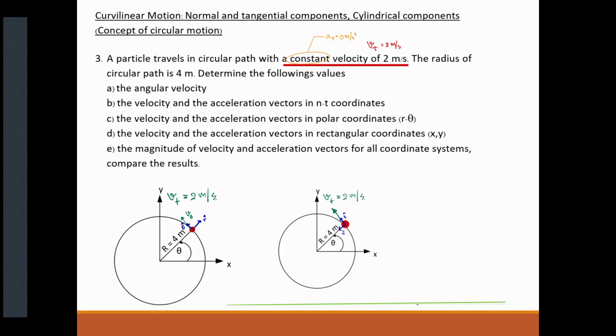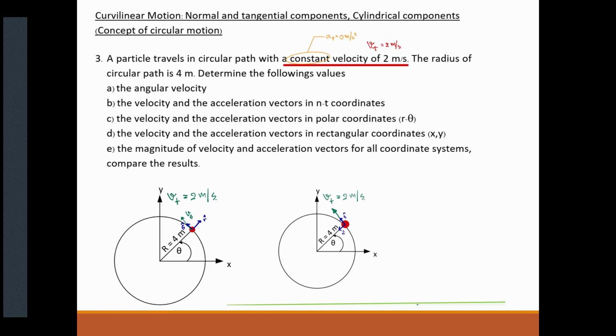But when you solve this type of problem, you may not mention that you use normal and tangential coordinates.